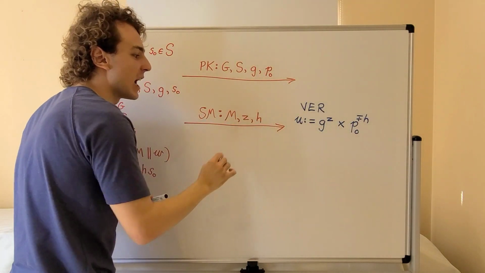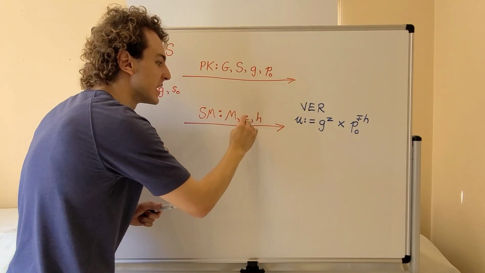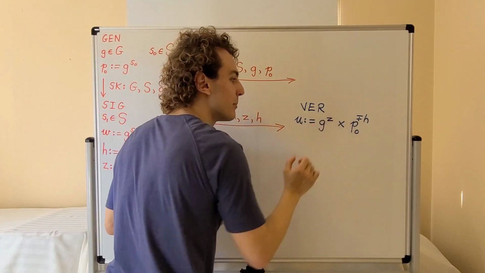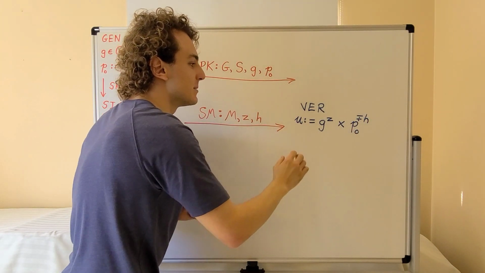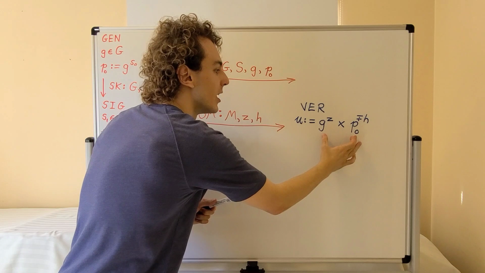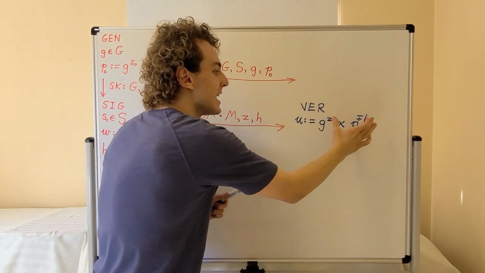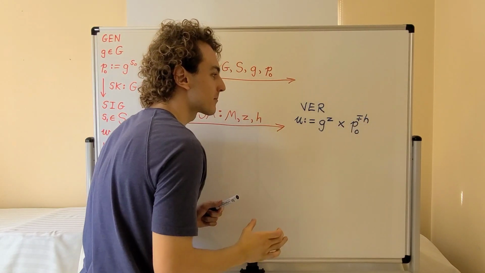The signed message has included this signature, which includes Z and H. Z appears over here and H appears over here. So this value of U is being defined in terms of values that have come from the public key and values that have come from the signature.